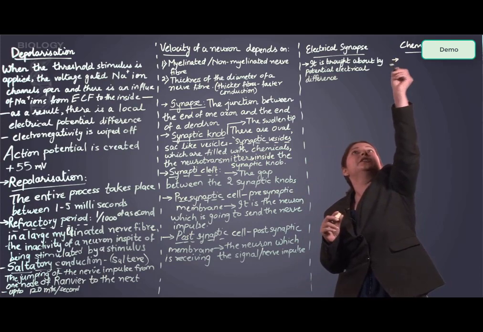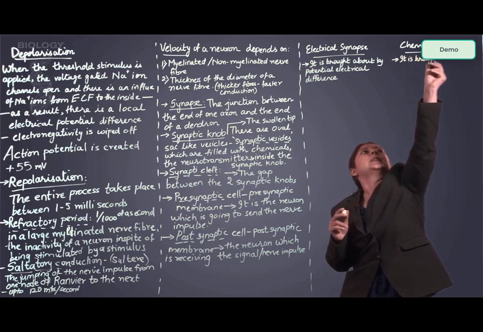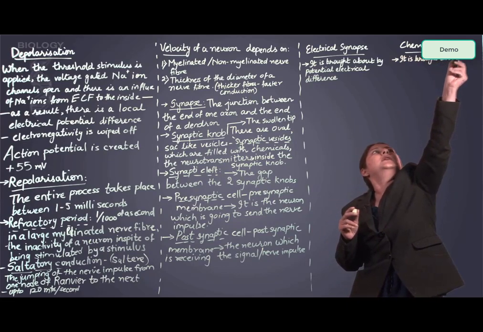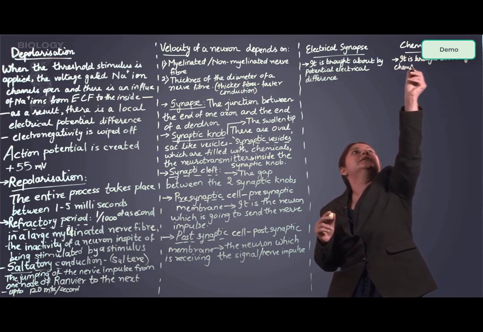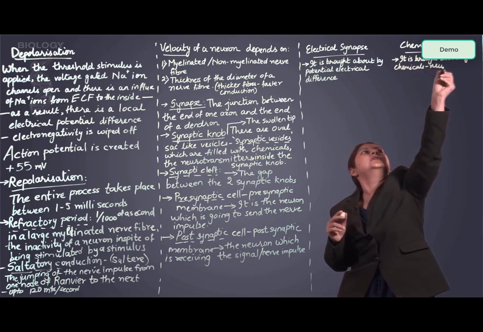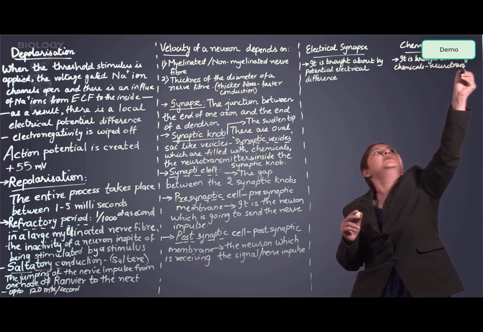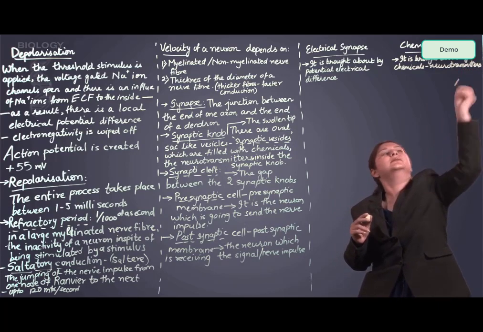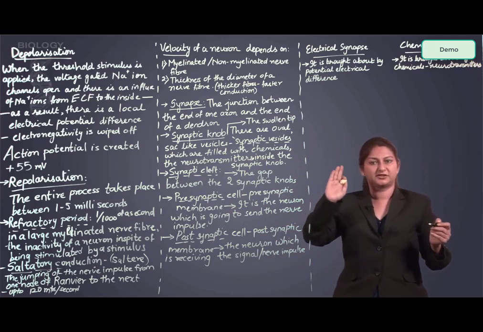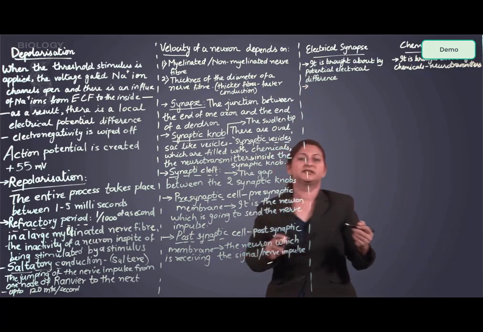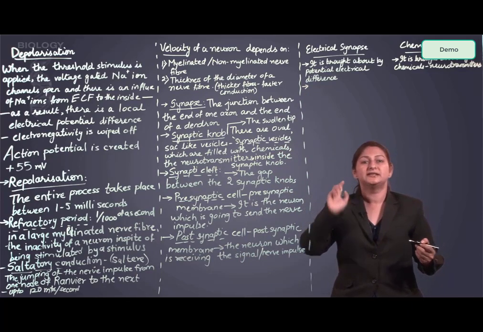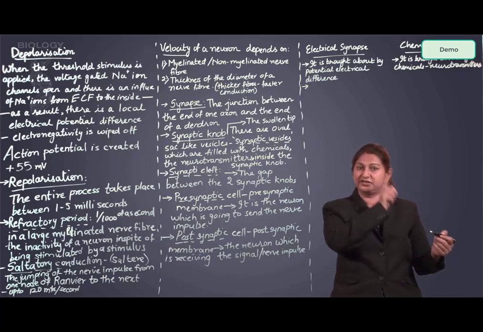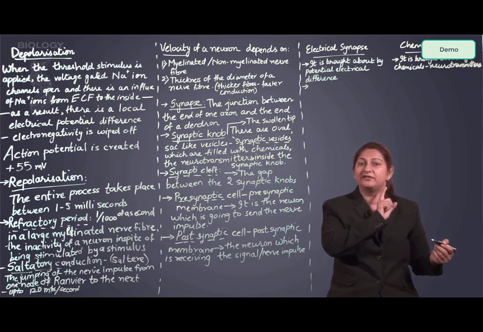Here it is brought about by chemicals which work as neurotransmitters. That is the first point of difference. The second point of difference is that in the electrical synapse the synaptic knob is not clearly seen, whereas in the chemical synapse we just saw that the synaptic knob was very clear.